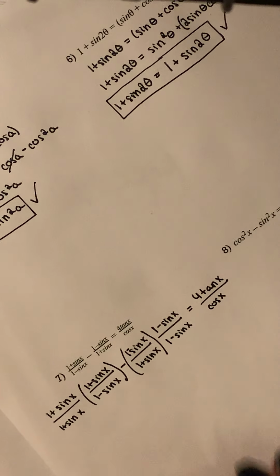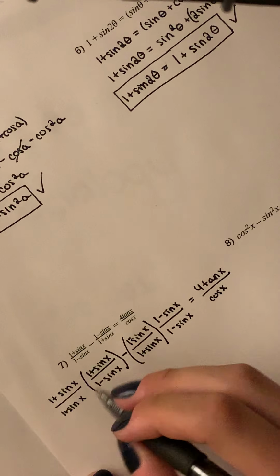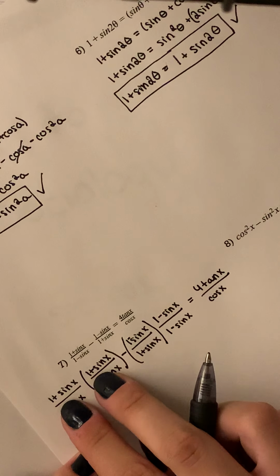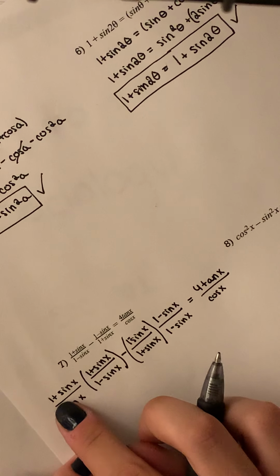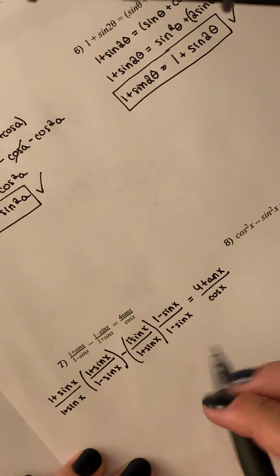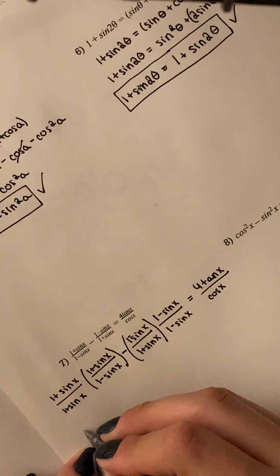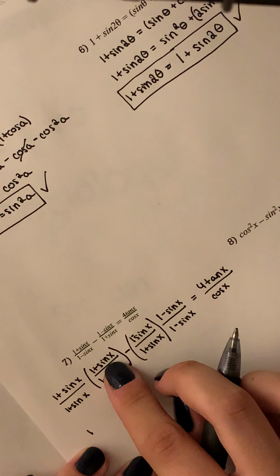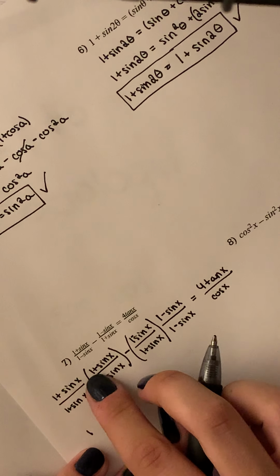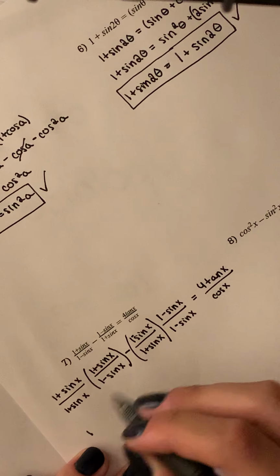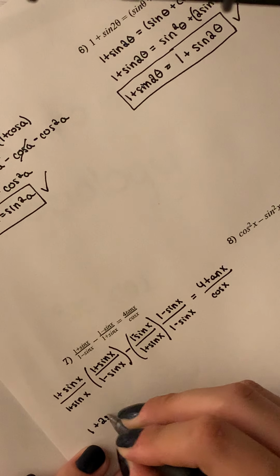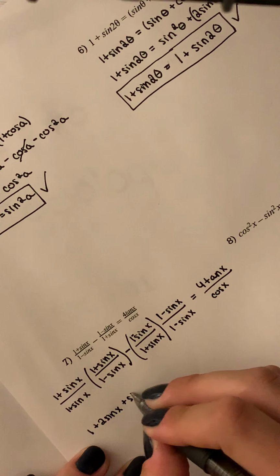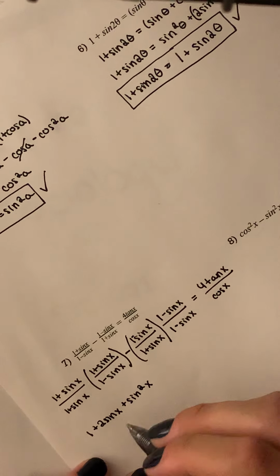Okay, so when we multiply these values out, when we distribute the numerators over here, we have 1 plus sine x times 1 plus sine x. We do 1 times 1, which will give us 1, 1 times sine x will give us sine x, and then this inner 1 and this inner sine x will give us a sine x, so we'll end up with 2 sine x's, and then our 2 sine x's will give us sine squared x.